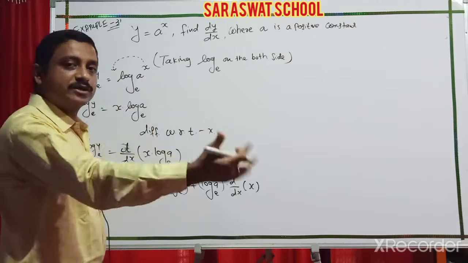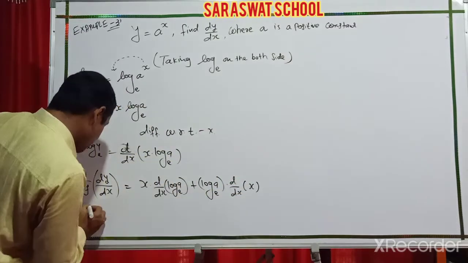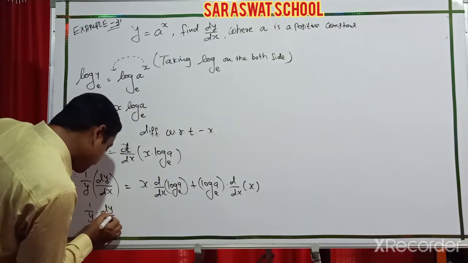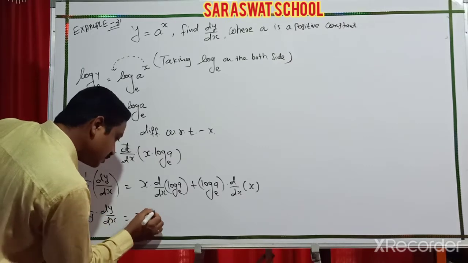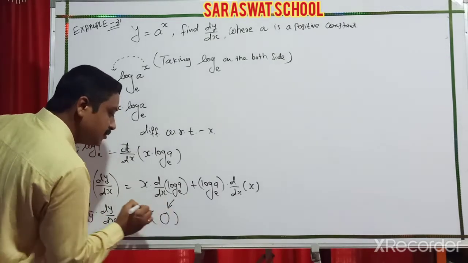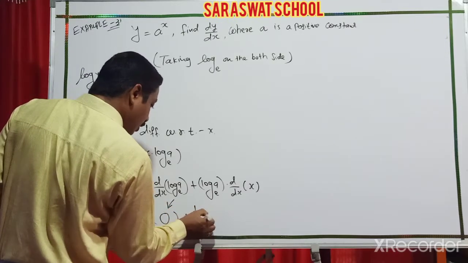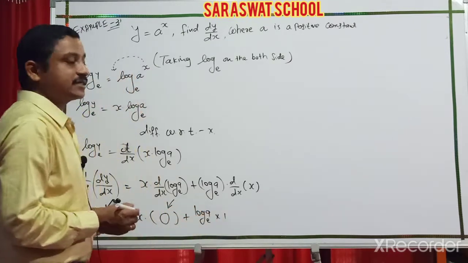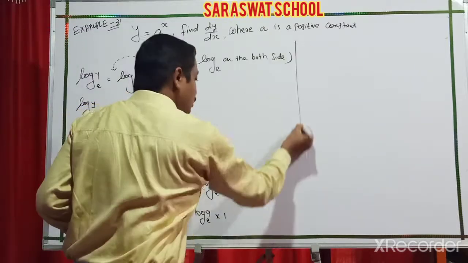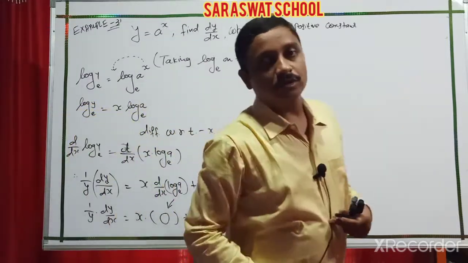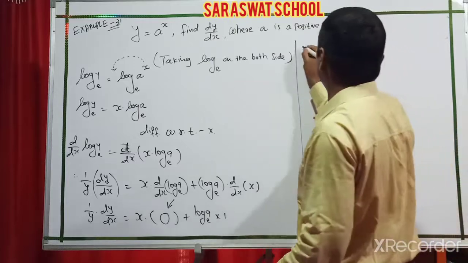Now students, over here we have 1 by y dy by dx, and here x. What is the derivative of log a? It is 0, because it is a constant. And the derivative of x with respect to x is only 1. So what do you get for dy by dx?